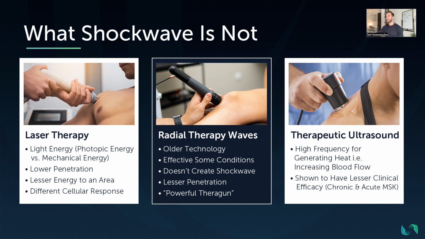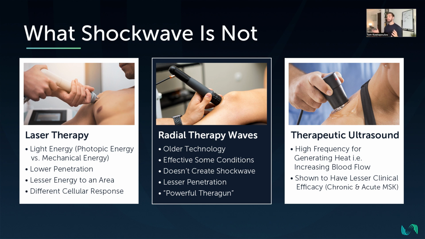Now, radial pressure waves, these are commonly referred to as shockwave. In fact, you might be showing up to this presentation with a device like this, or you've tried a device like this, where you learned about it in medical school, some sort of school that you went to, and you were told that it's shockwave. This technology was actually declassified as a shockwave technology. It's no longer considered shockwave. And the truth is, it's because it doesn't actually create a shockwave. The way you should think about this is like an extremely powerful Theragun.